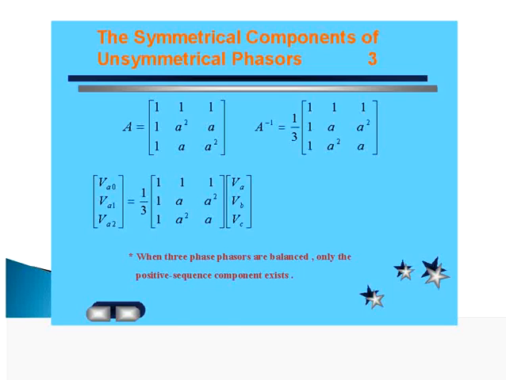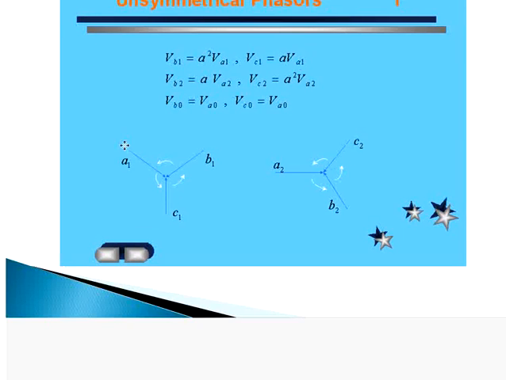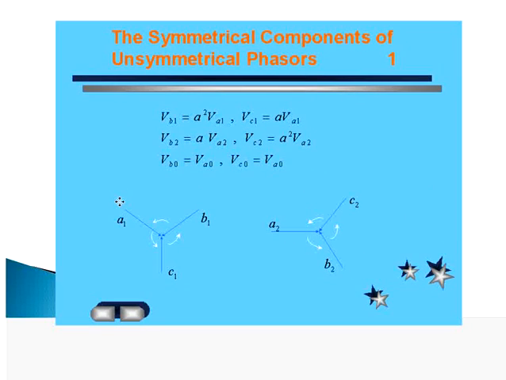Now I want to represent VC1. I don't want to represent VC1 as a separate. I want to represent in terms of A1. So from here to here, it is 120. So if it is 120, it is multiplied with A. Now VC1, you see, it is my anti-clockwise direction.